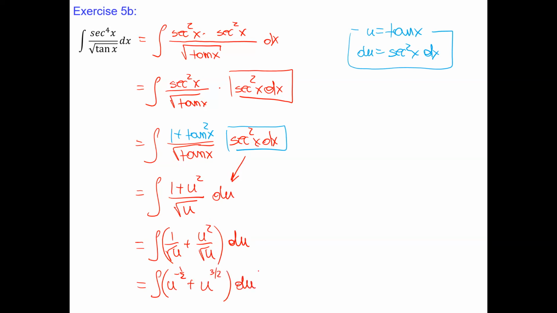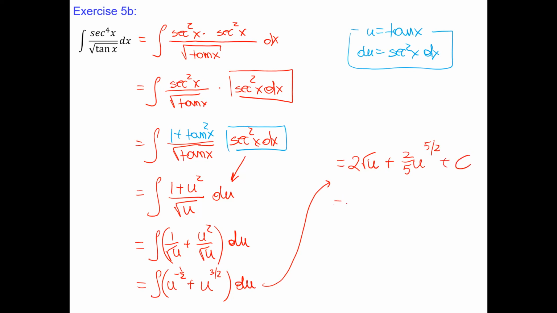And we may integrate u to the power of negative half. The integral is u to the power of half over 1/2, 2 square root of u, and this one will be u to the power of 5/2 over 5/2, multiplying by the reciprocal.